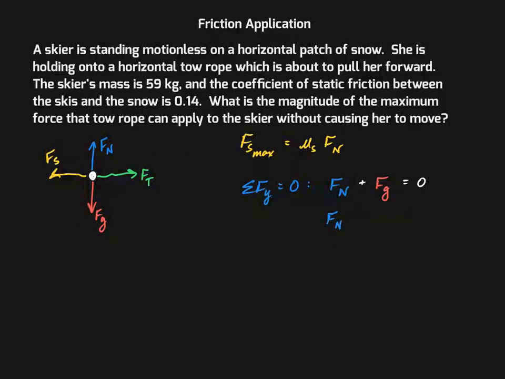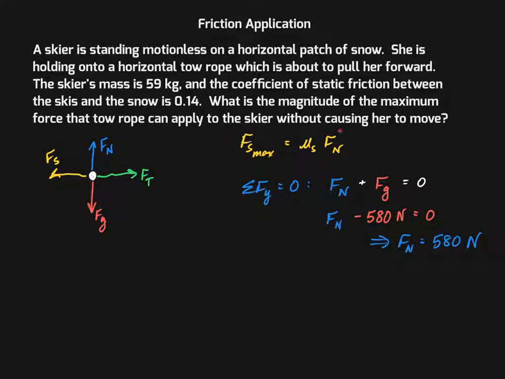If we calculate out what this skier's force due to gravity is, we are going to get a value of negative 500, and I'm just going to round this up for our purposes. So then we're going to get a normal force equal to 580 newtons.